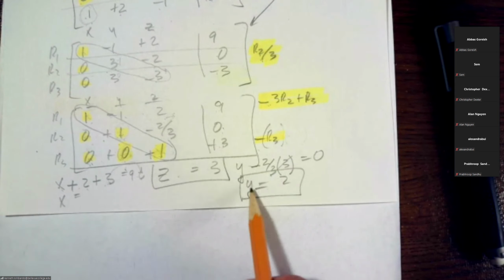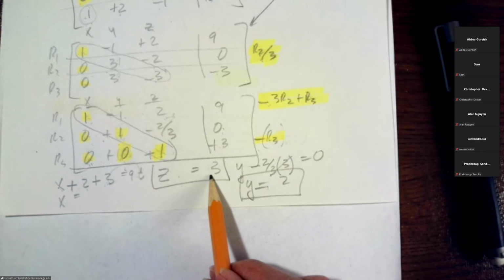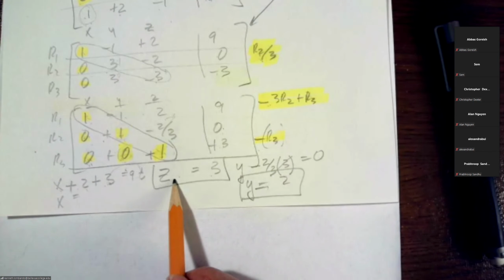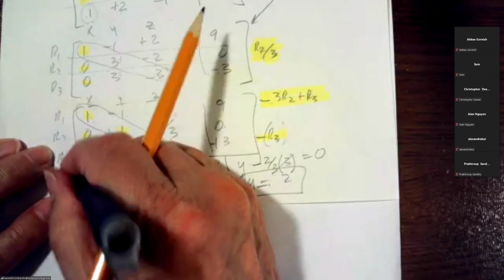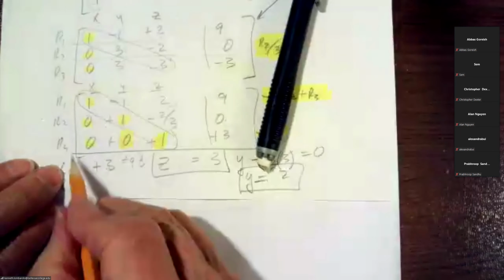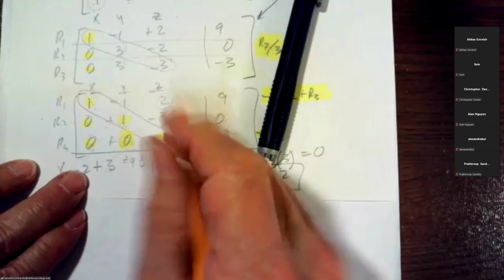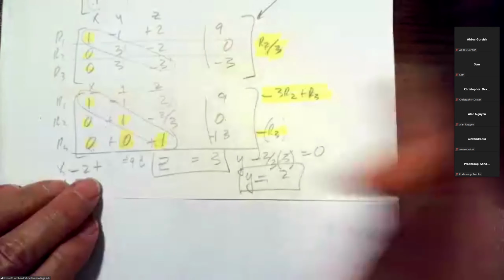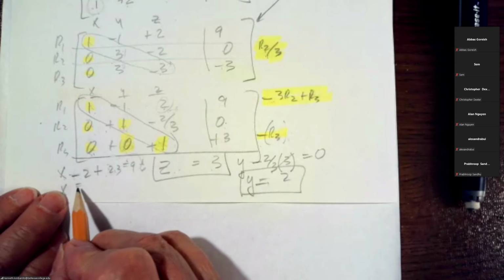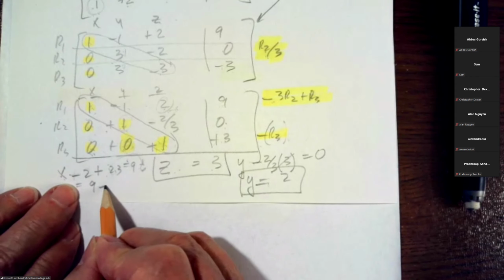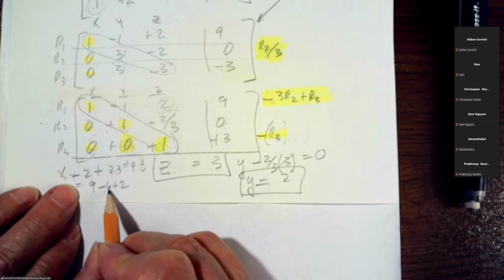Let's see, we have y is 2. That's good. X, excuse me, z is 3. That's good. So x equals -2. That should be a -2 plus 6. That's what it is. -2 and then 2 z's. 2z. So it's x equals 9 minus 6 plus 2.